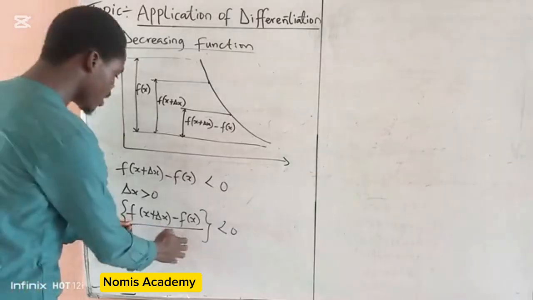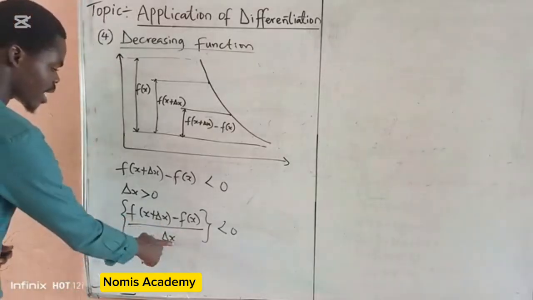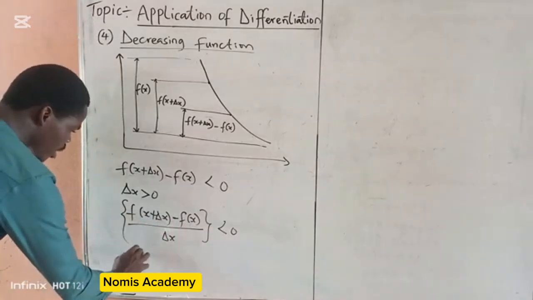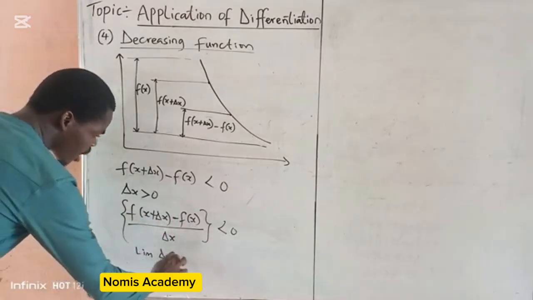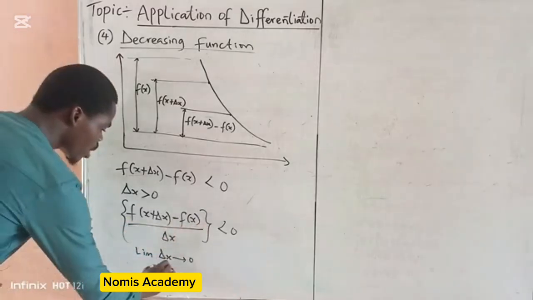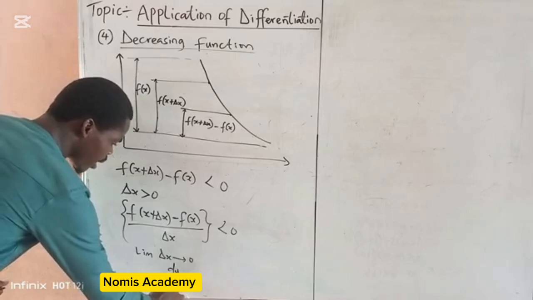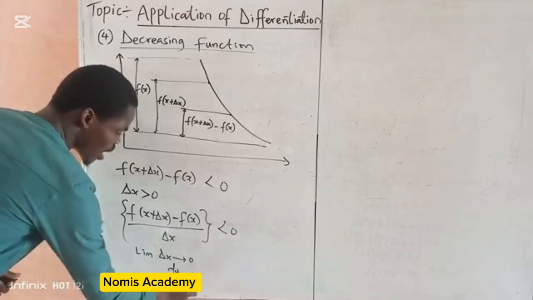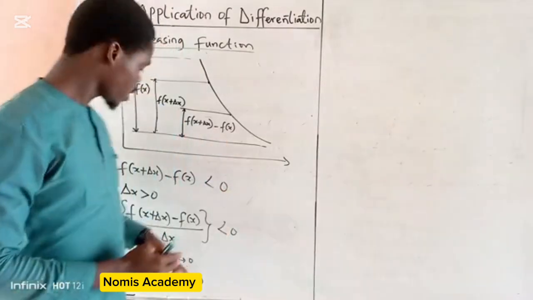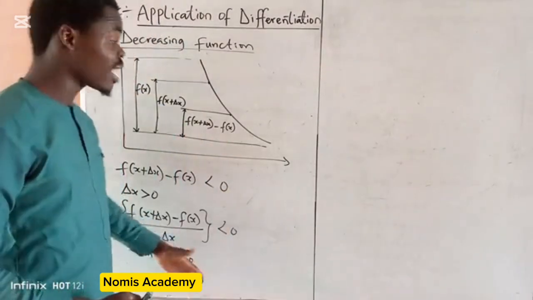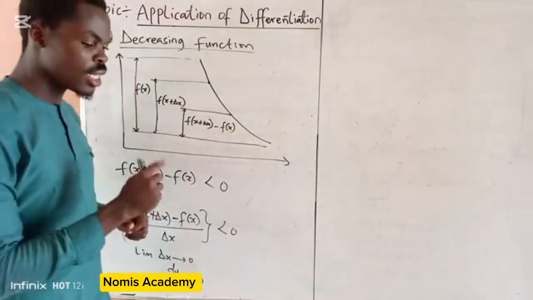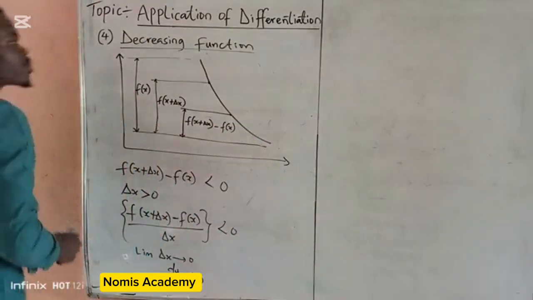When you take the limit as delta x tends to 0, the left-hand side becomes dy over dx, which is less than 0. So whenever the derivative of a function is less than 0, that function is said to be a decreasing function. Let's take an example.